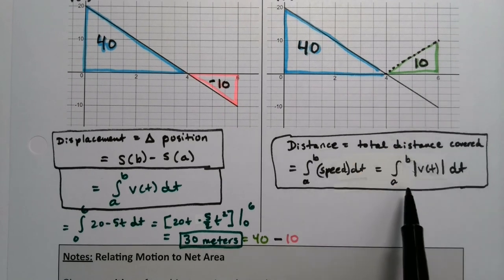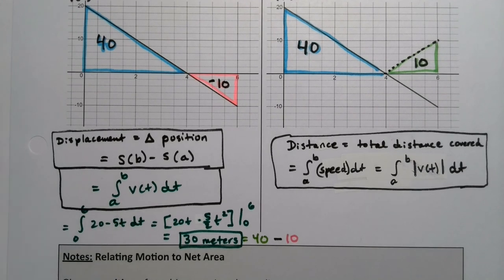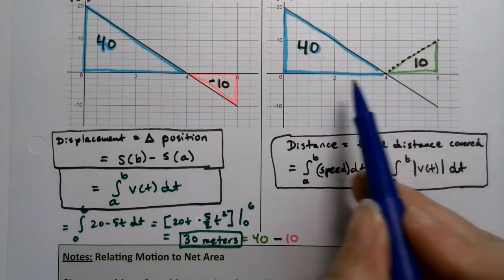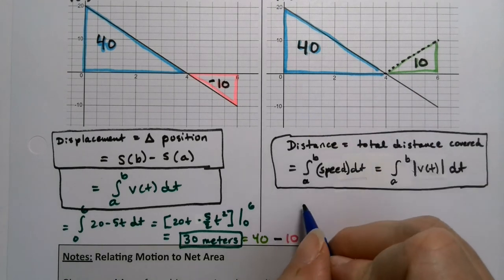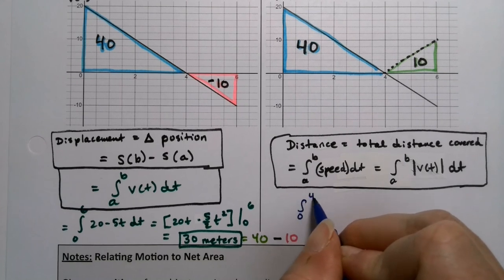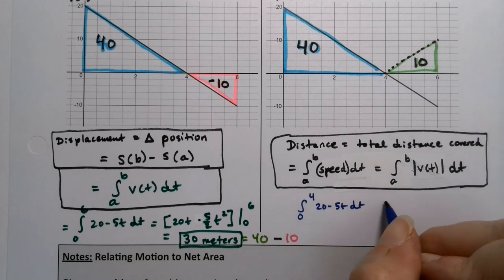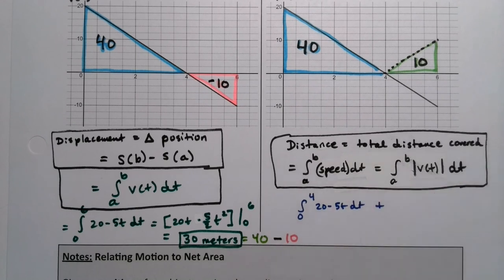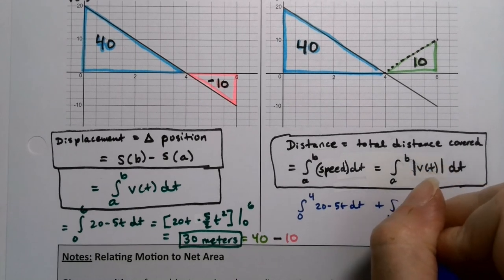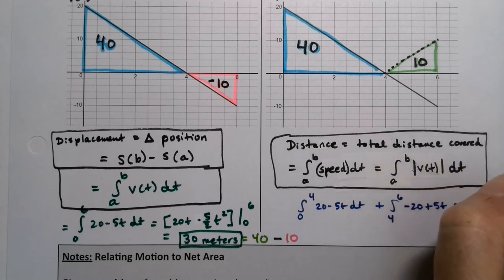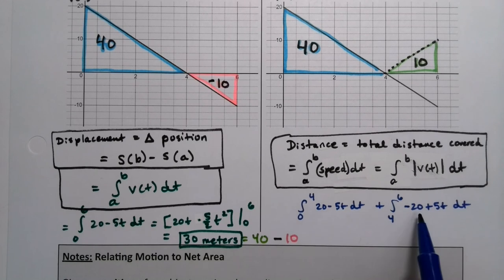Now, how would I do it if I had to do it by hand? Well, if I wanted to do this by hand, I would have to separate my integral, right? You might not remember, but that's what you have to do from Calc 1. So you'd have to take the integral from 0 to 4 of 20 minus 5t dt, and then another integral from 4 to 6, but of the opposite, negative 20 plus 5t from 4 to 6.